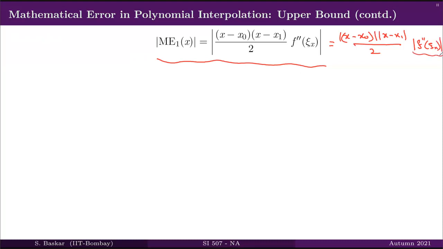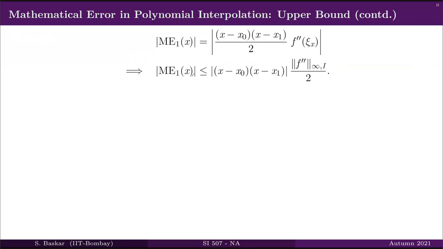This is unknown. So what we can do is we can replace this by the infinite norm of f double dash taken on the interval I. Thereby, we will get less than or equal to instead of equal sign here, right? So that is what I am doing.